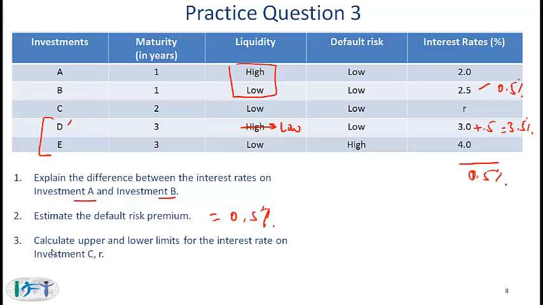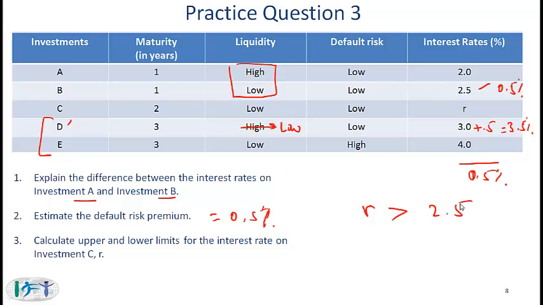And finally, can you calculate the upper and lower limits for the interest rate on investment C? Notice that between B and C, the only difference is that C has a longer maturity, which means that the interest rate on C must be greater than B. So we can say that R has to be greater than the return on B, which is 2.5%.